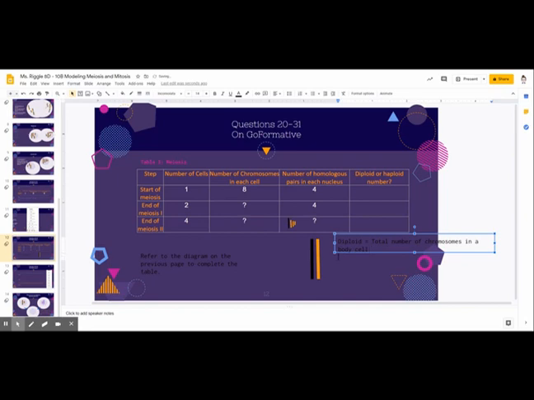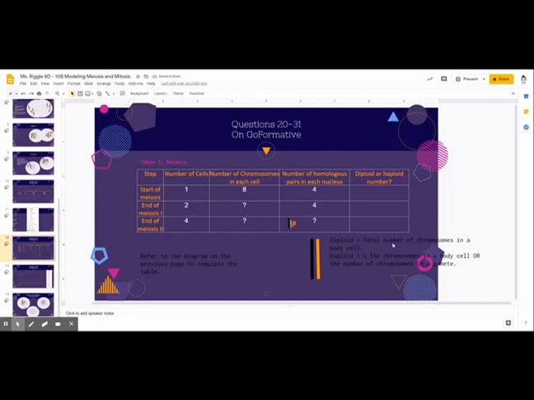Your haploid number is half of that, or the number of chromosomes in a gamete. Okay, so diploid, again, is the total number of chromosomes in a body cell.